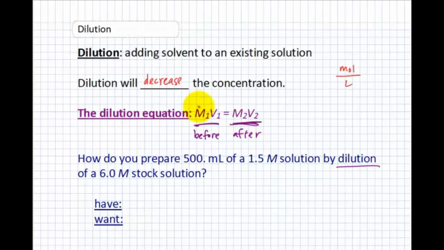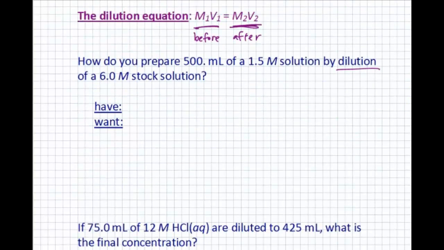So concentration and volume before: the concentration of your original solution, how much of that original solution you need, the new concentration of your resulting solution, and the new volume of your resulting solution. So you'll always have three pieces of information there, and you'll solve for the fourth, just using a little algebra to solve it. So this is the question that we'll do right here.